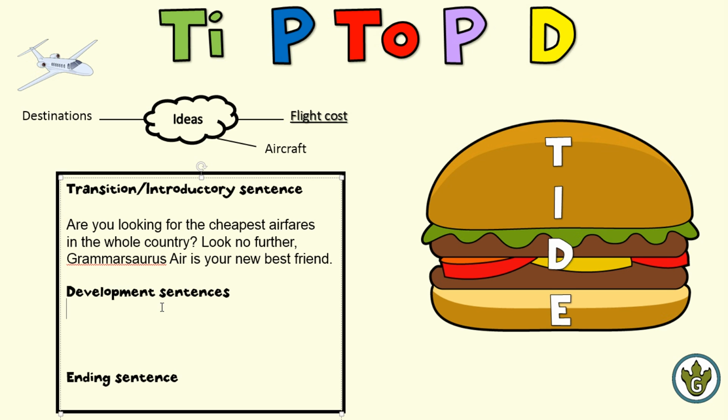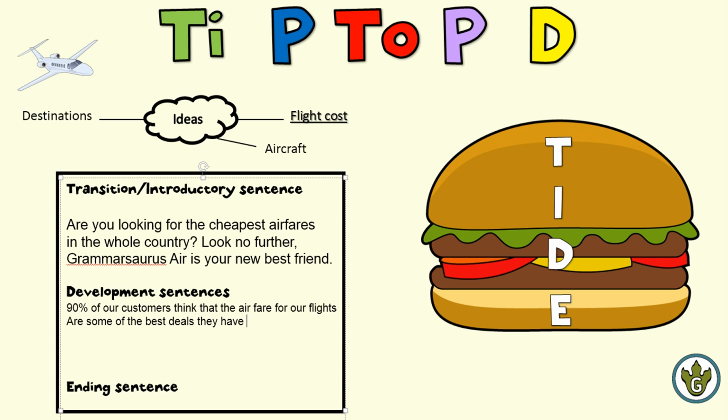So I'm going to use some statistics to persuade them. 90% of our customers think that the airfare for our flights are some of the best deals they have ever come across. There we go. So I've used a nice statistic to back up why my airfares are the best.